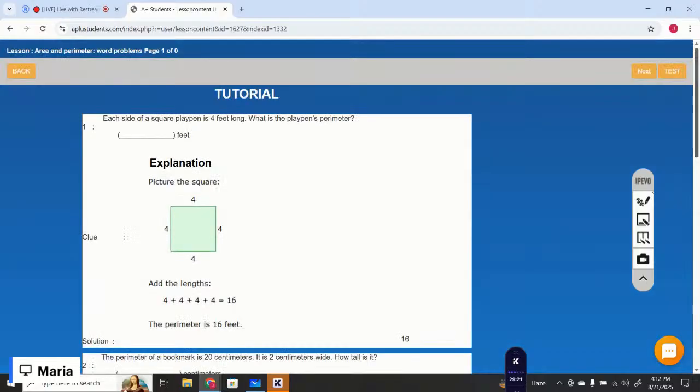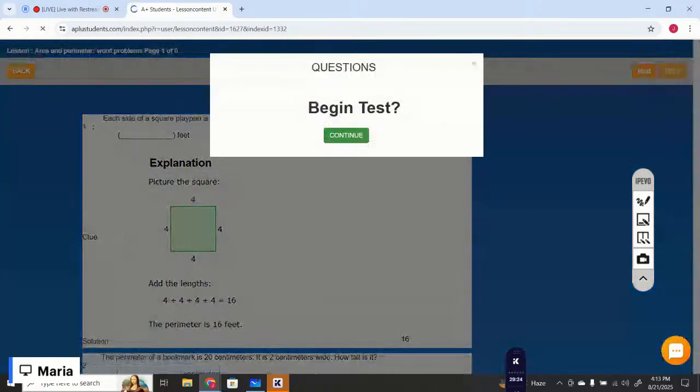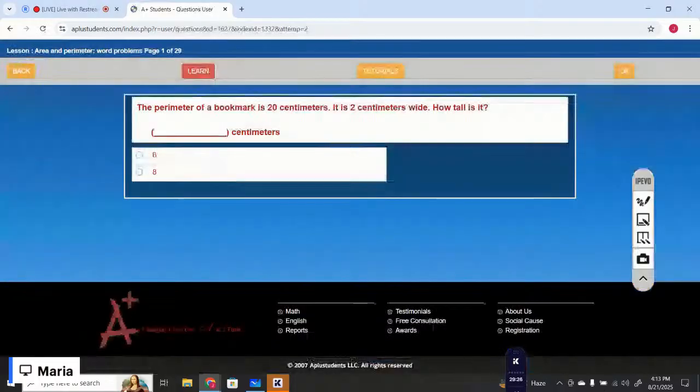Let's just start with the test questions. The perimeter of a bookmark is 20 centimeters.